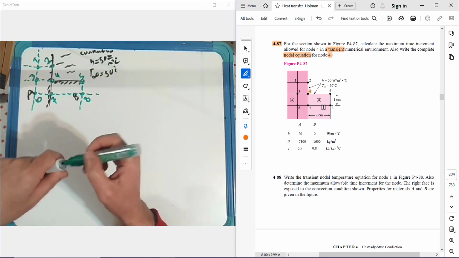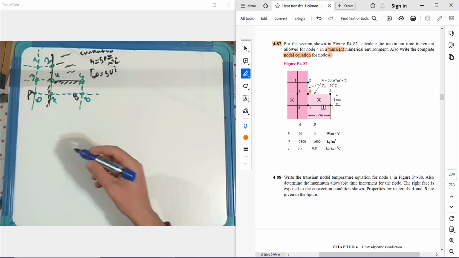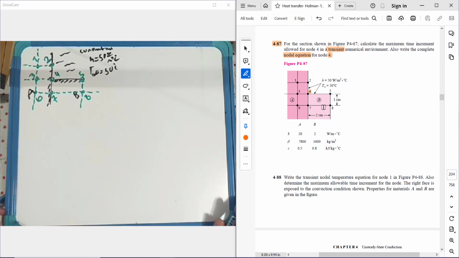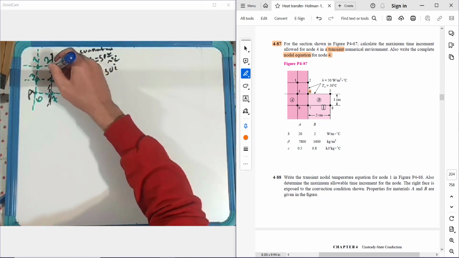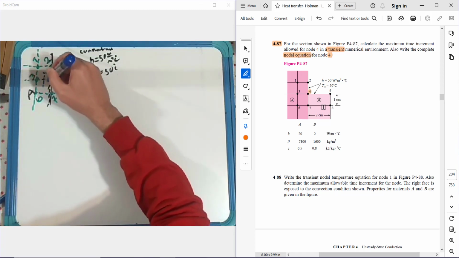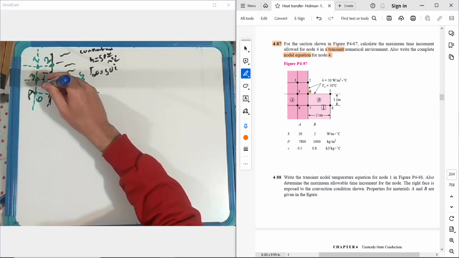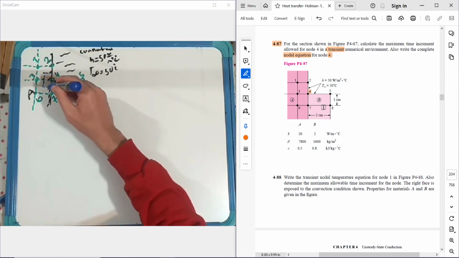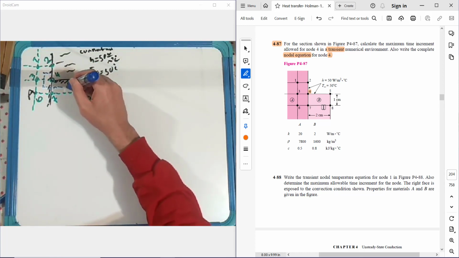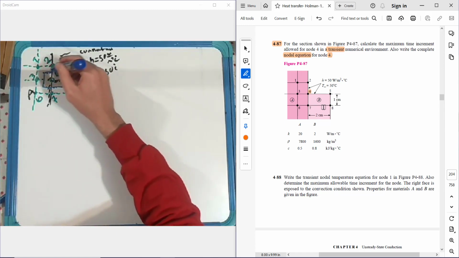But let me just draw some elements for all the points. Half of the distance between 3 and 4, and 4 to 7, and 4 to 5. It would be something like that for this element.